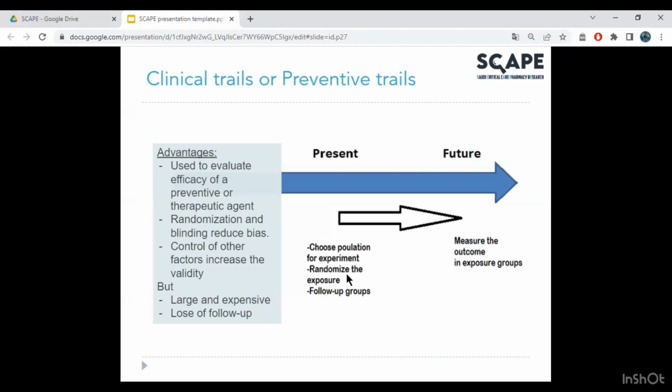But imagine the participant knows that he is taking the new medication, while his friend in the other group is taking the standard of care medication. Then this might affect his behavior in taking the medication, or he might want to switch, or he might want to discontinue the experiment. So blinding was made to cover these kinds of issues.